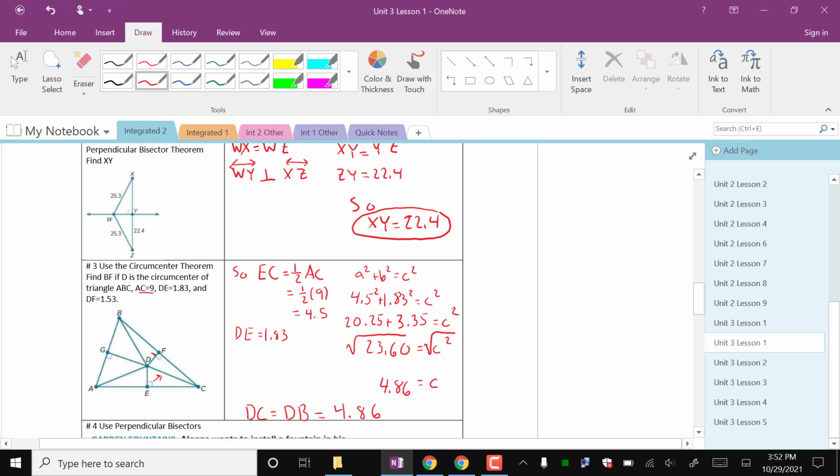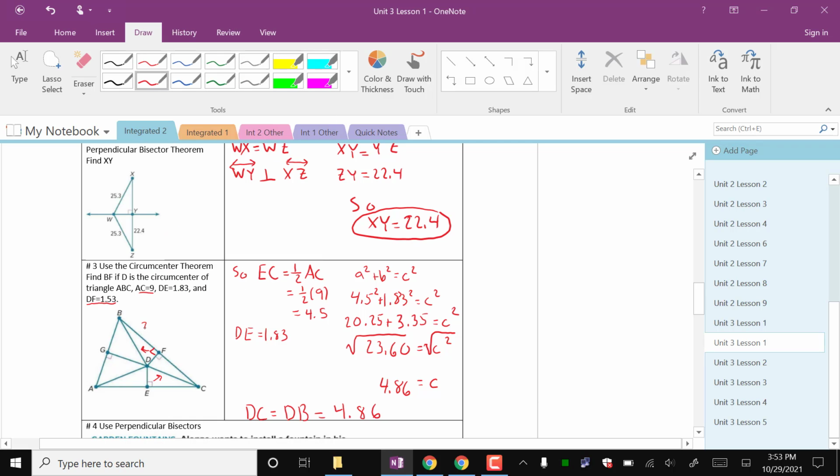Because if you look here, that would also be a right angle, so opposite that is going to be DB, and that's 4.86. So we have DB as 4.86 as we just said. We have DF, it gives us DF. In the beginning it says that's 1.53. So it gave us DF right here, 1.53. So I can find BF right here.